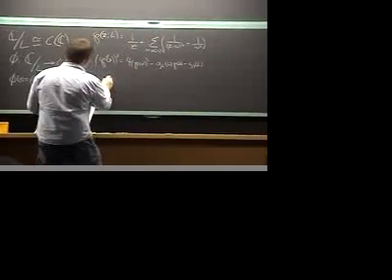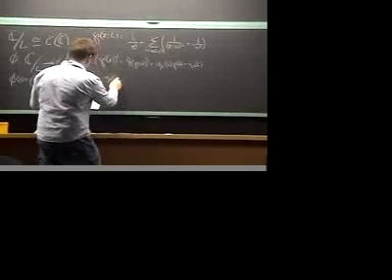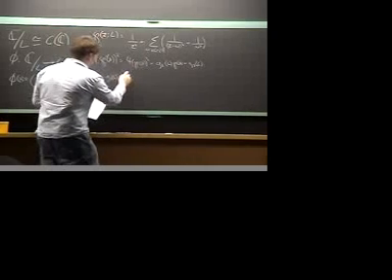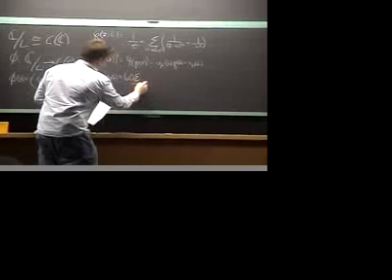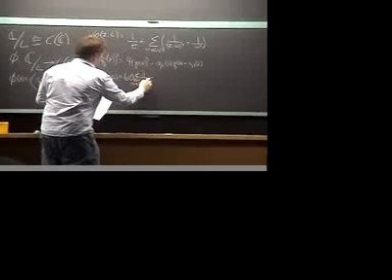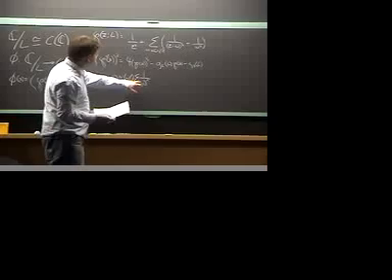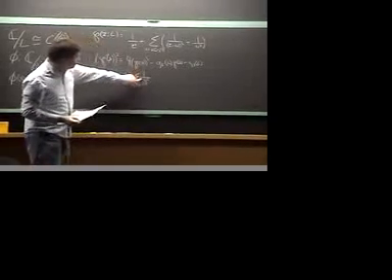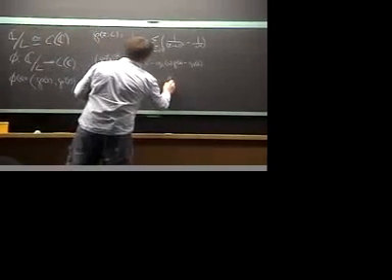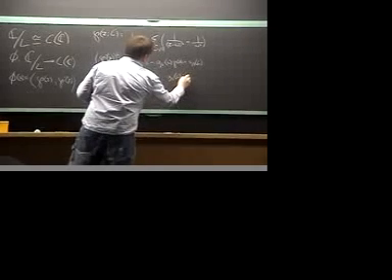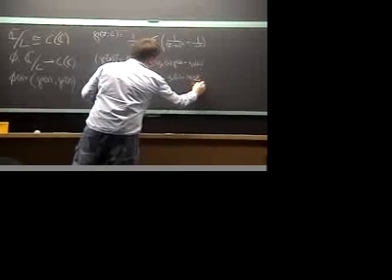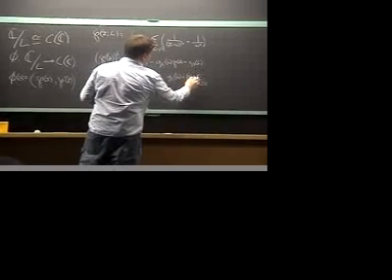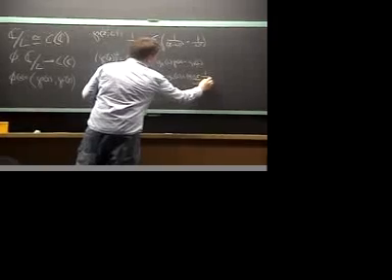The g2 and g3 are the following numbers. g2 of L is 60 times the sum over all the elements omega of the lattice of 1 over omega to the fourth. g3 is similar: it's 140 times the sum over all omega in the lattice of 1 over omega to the sixth.